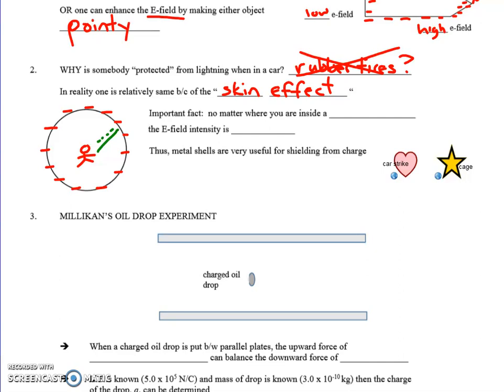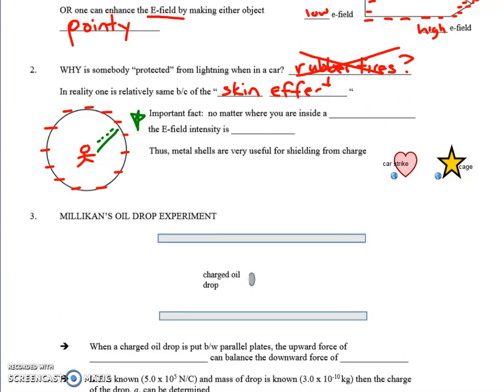And a way of quantifying that, and this is the most important takeaway from this, is no matter where you are inside a metal conductor, okay? I'll take that back. Sorry. A hollow conductor. And actually, I'll change my mind on that.